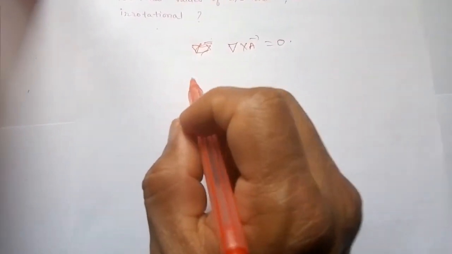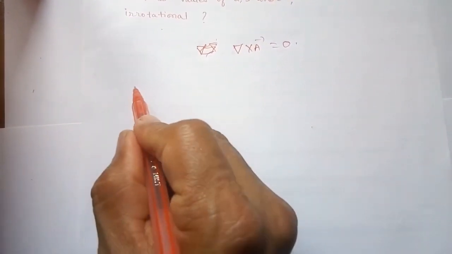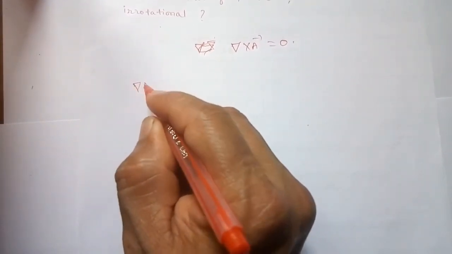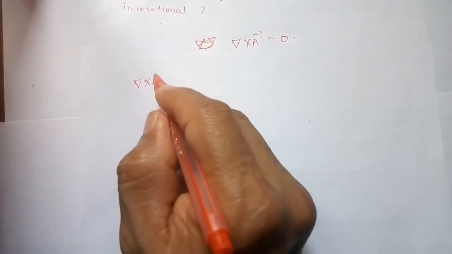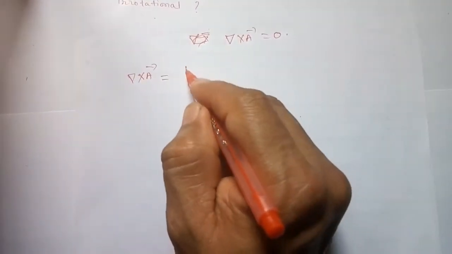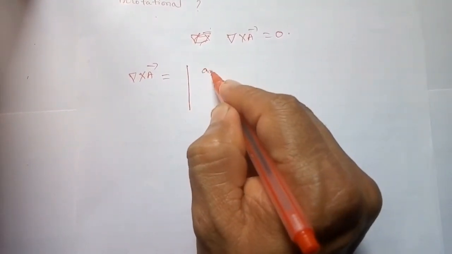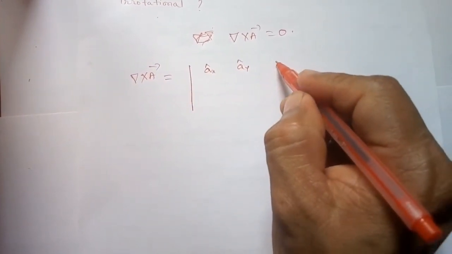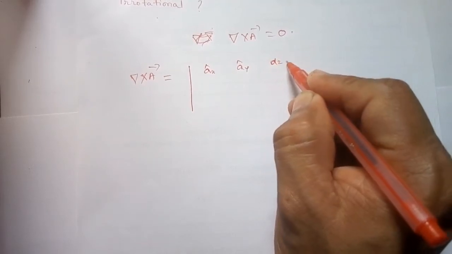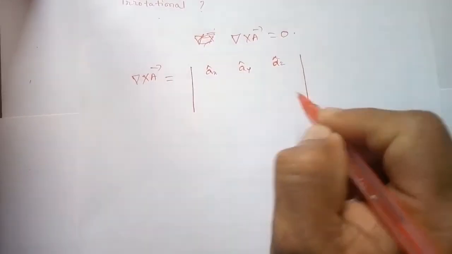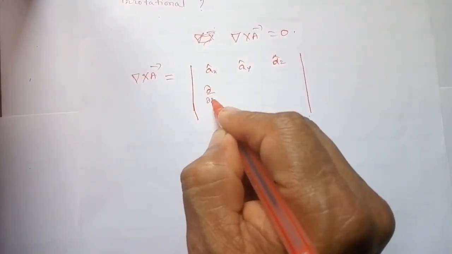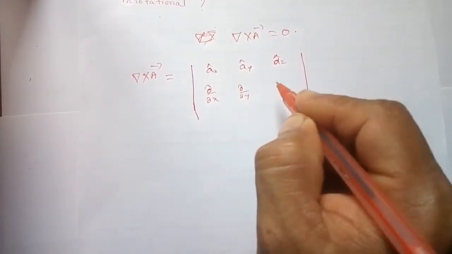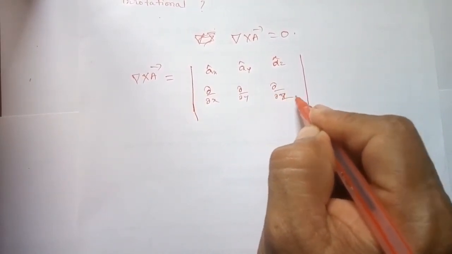Anyway, let us first find out del cross A. Then let us try to find at what values it becomes irrotational. So del cross A: a x cap, a y cap, a z cap. In the previous problem we have seen how to find out the components, so I will skip that step in this problem. So dou by dou x, dou by dou y, dou by dou z.